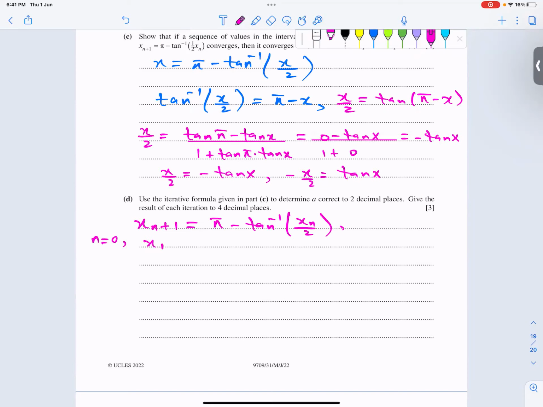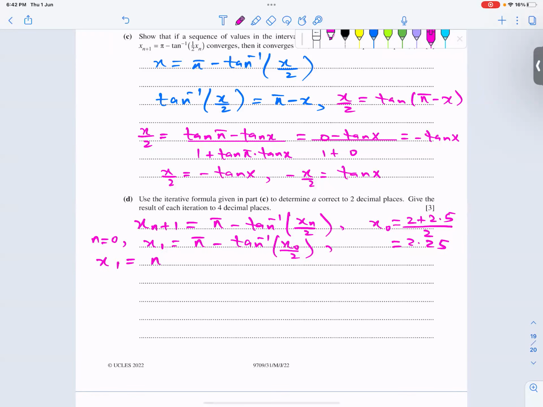So x1 will be pi minus tan inverse of x naught divided by 2. Now x naught can be any value, but the easiest way is to take the average of the 2 points between which the root lies, so that will be 2.25.